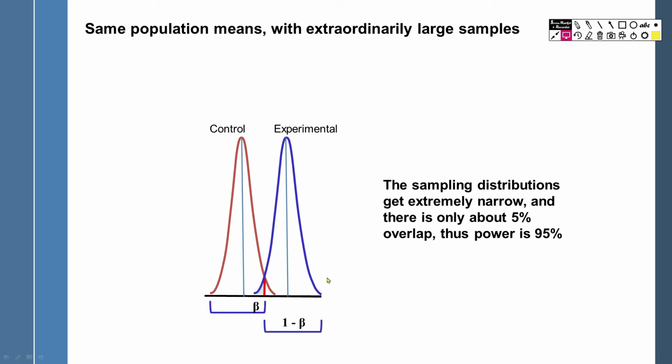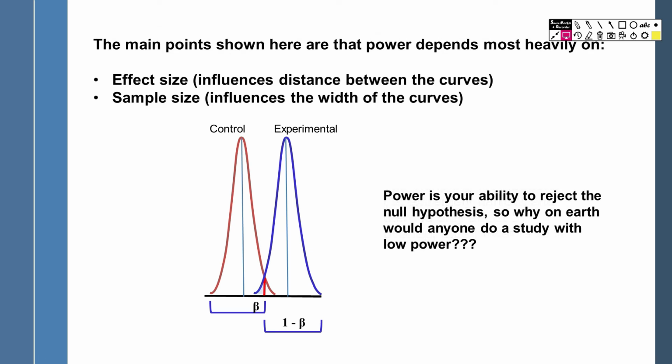So you can see here what happens. The sampling distribution becomes extremely narrow, and in this diagram it looks like there's only about 5% overlap in that shaded region over here. The blue shaded region for beta is very, very small, and 1 minus that area gives us power.